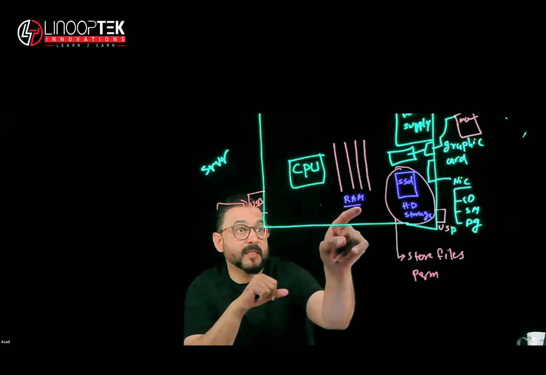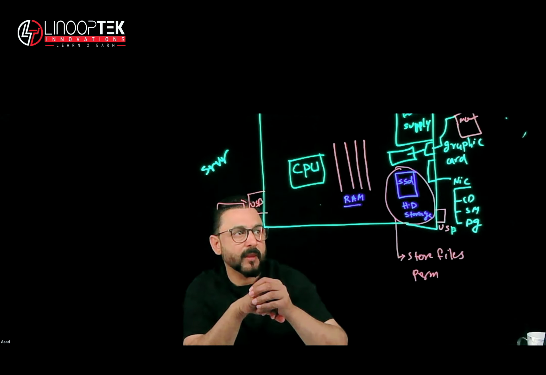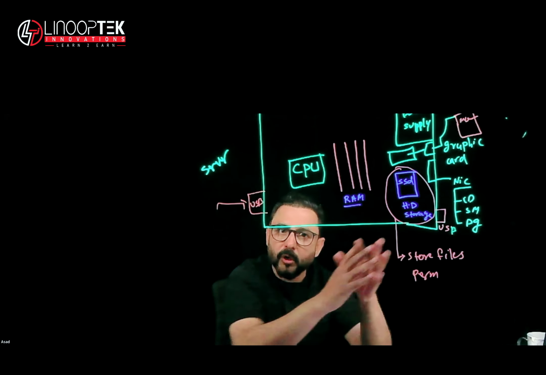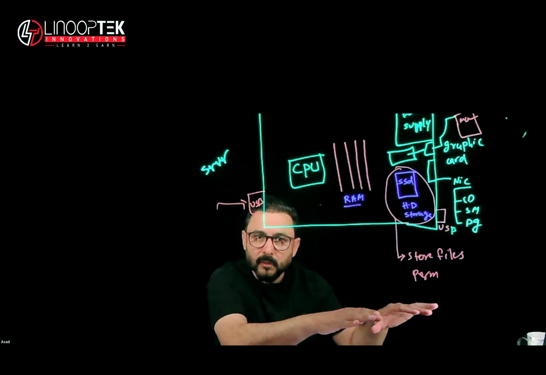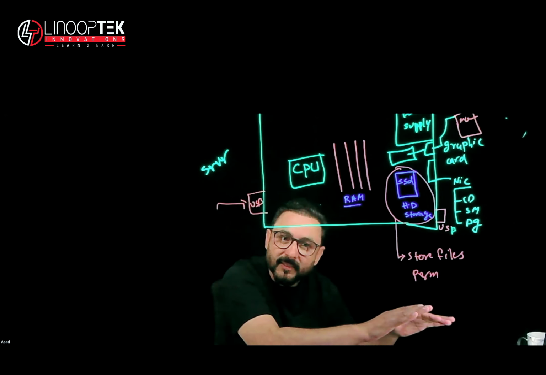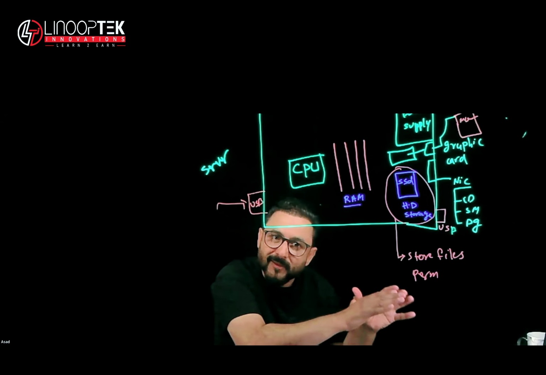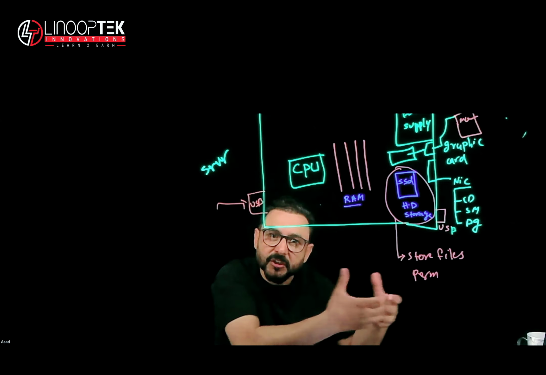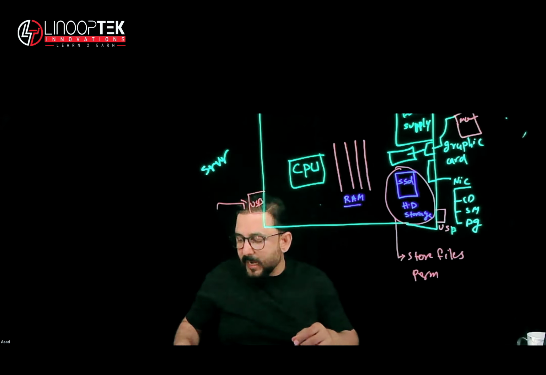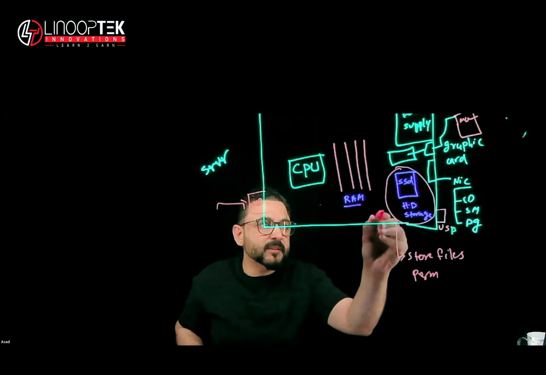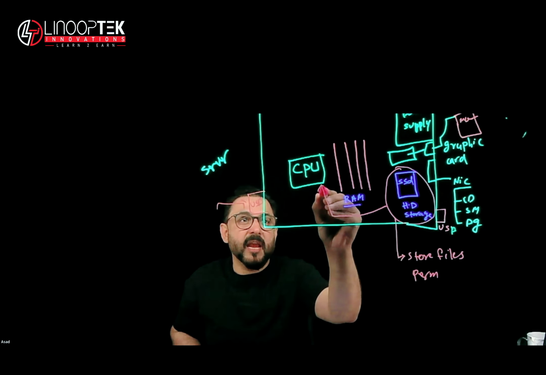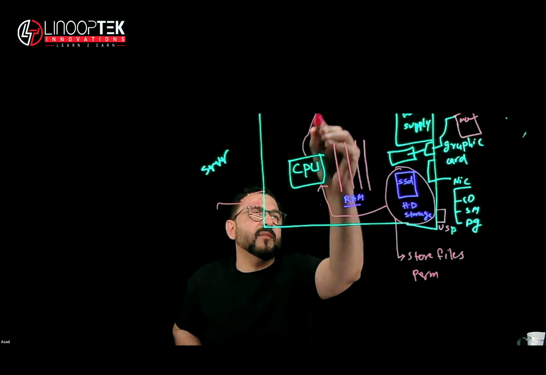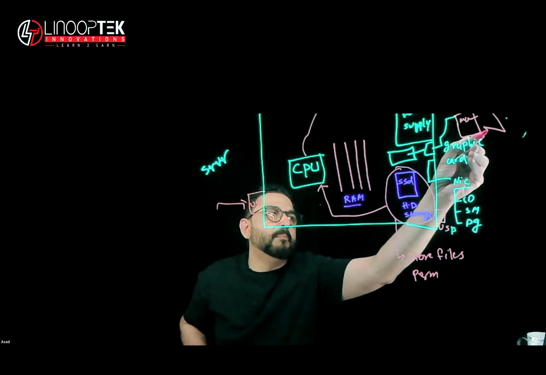The role of the RAM and the CPU is this. What you have stored on the server are the programs, the operating system files, the code instructions that this CPU has to process in order for you to see stuff on your monitor.